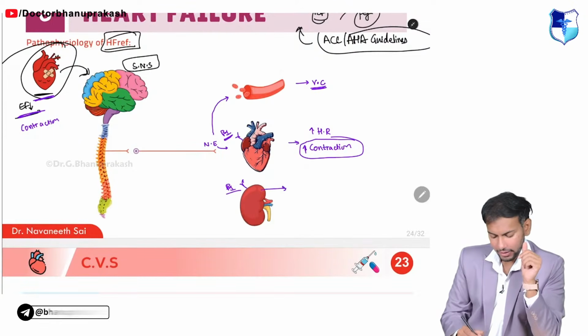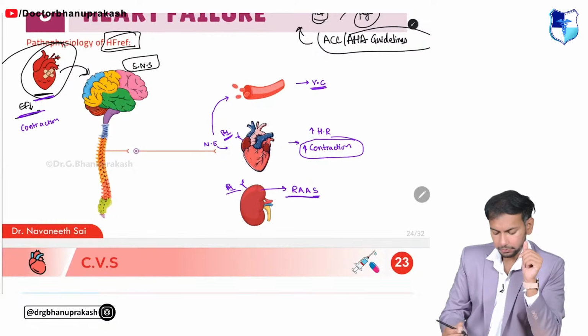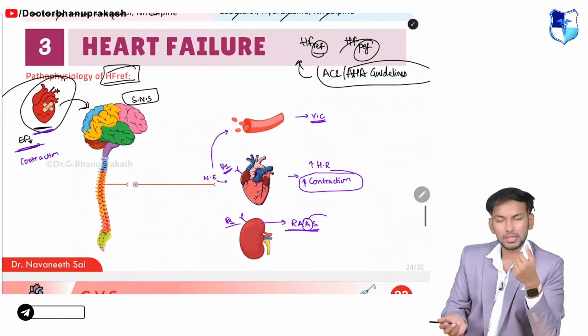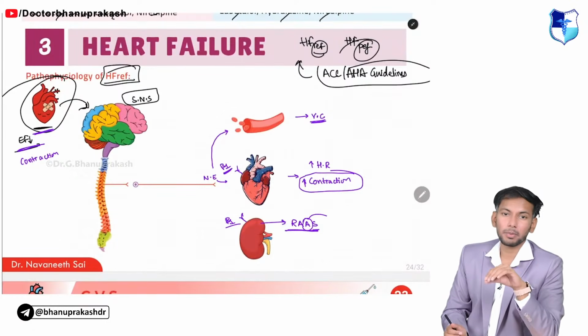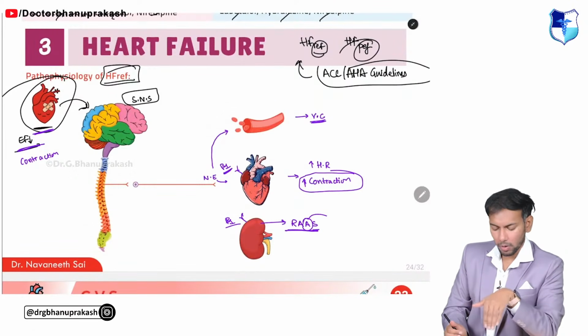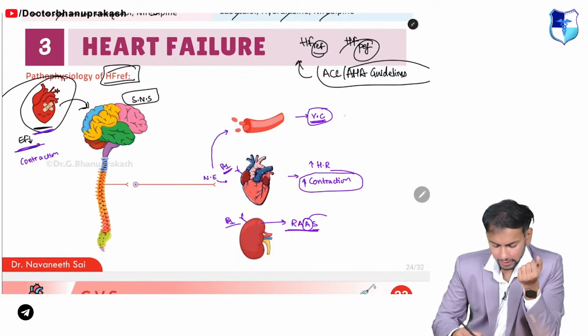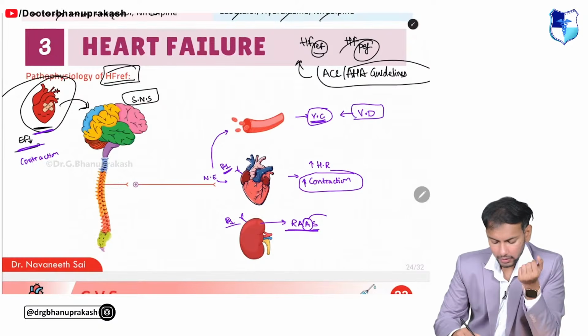Now, beta 1 receptor is also present in the kidney. If this is activated, it will activate the renin-angiotensin-aldosterone system. You don't want all of this to happen, so you have to give drugs to stop the compensatory mechanisms of the body. First, for vasoconstriction, you will give vasodilators.